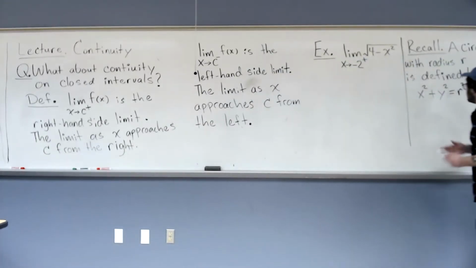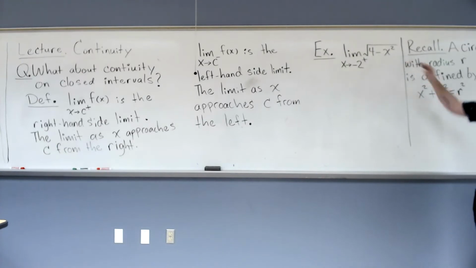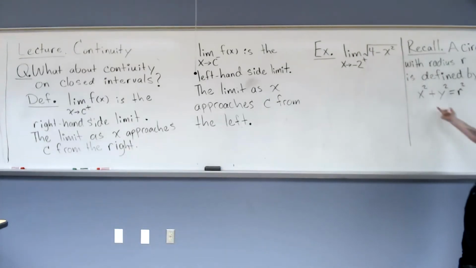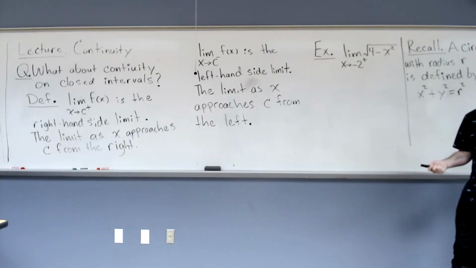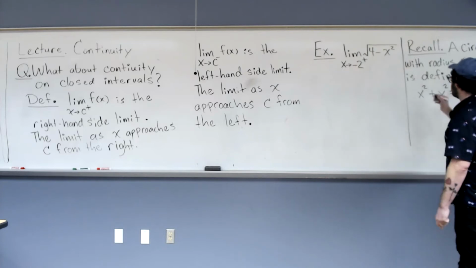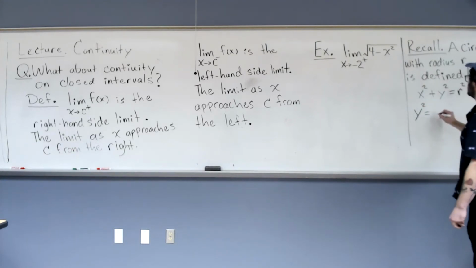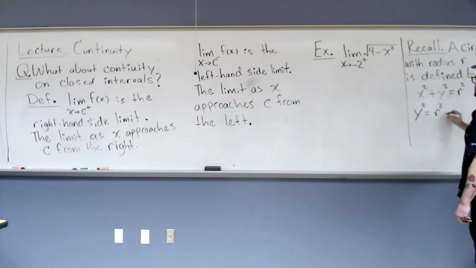So okay, how does this relate to that? Maybe instead of looking at this equation, we can solve for y as a function of x. If I subtract x squared on both sides, I get that y squared is equal to r squared minus x squared.